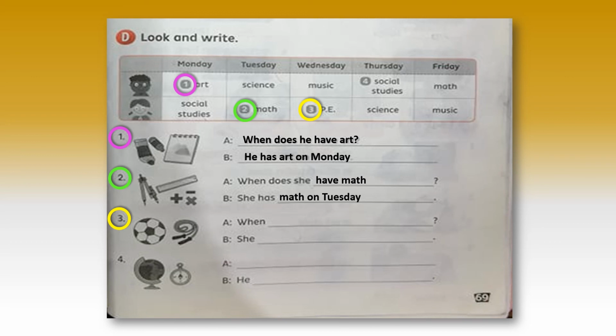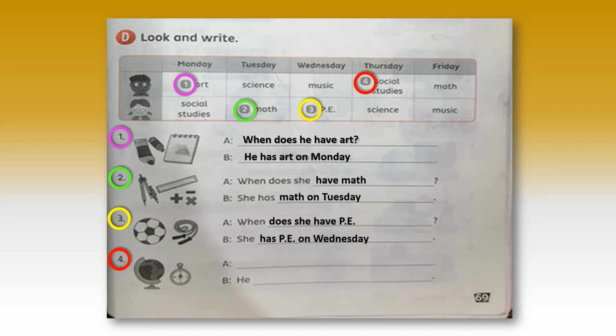It says she, so we know it's the girl. What's our question? When does she have PE? When does she have PE? And our answer, she has PE on Wednesday.